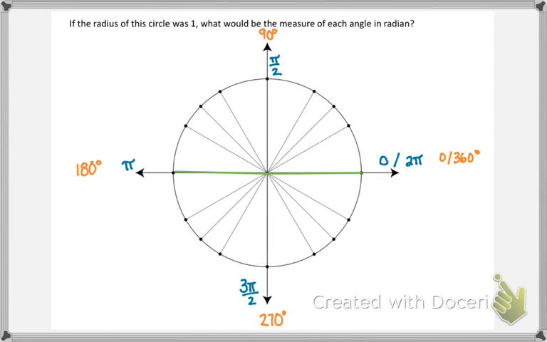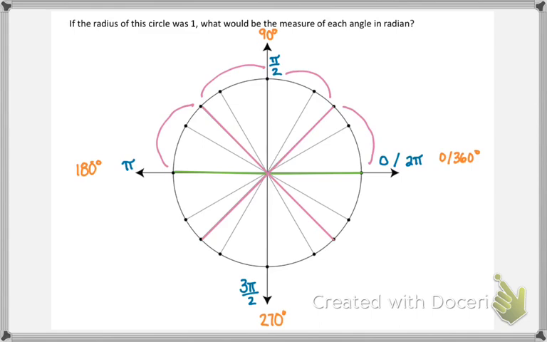And then from there, let's take a look at these angles right here. These angles look like if I take my pi, which is my half circle, it looks like I can cut it into fourths. 1/4, 2/4, 3/4, 4/4 would be 1 whole pi.